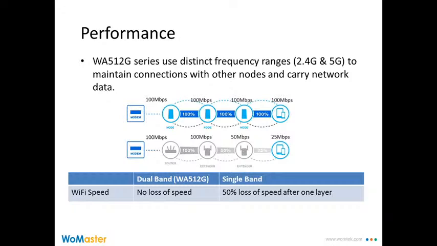Another benefit is the higher performance for the WA512GM series. In the typical architecture, if it is single band, the throughput will be shared by the uplink and downlink at the same time, so the performance gets worse by each hop.